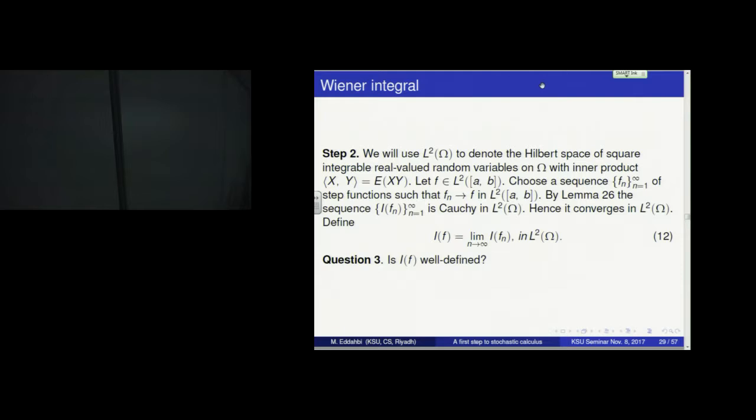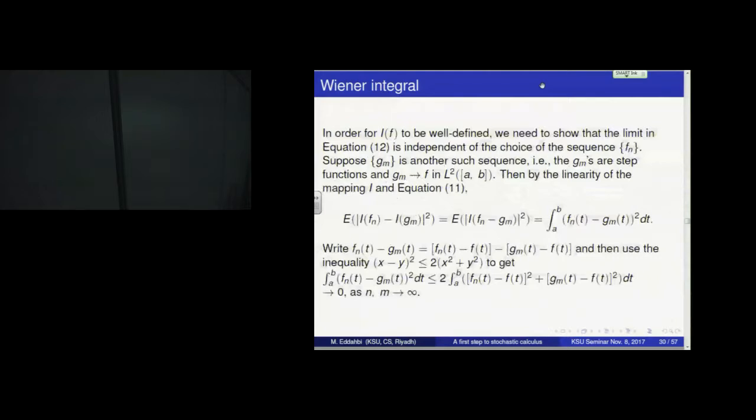So once you take f in L2[a,b], it is possible to approximate it by simple functions. In this way, we define the integral by the limit of that object, and it is, of course, a Cauchy sequence by the isometry property you have before. Is this object well defined? We can justify very quickly that it is true.